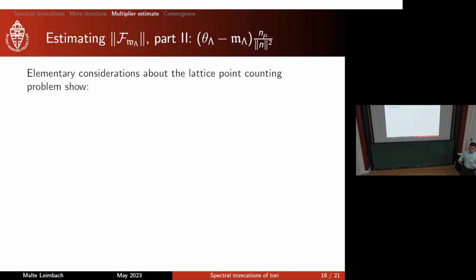You can already start with very elementary considerations about this lattice point counting problem, because the number of lattice points is actually the same thing as, you place a box of side length 1 around each of these lattice points, and you measure the volume of that. And then you can compare that to the volume of the ball.